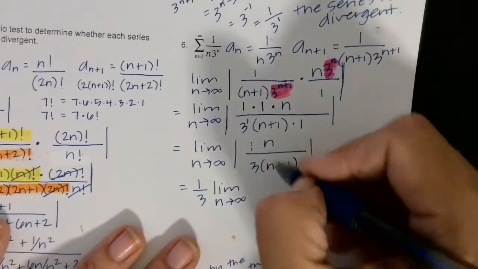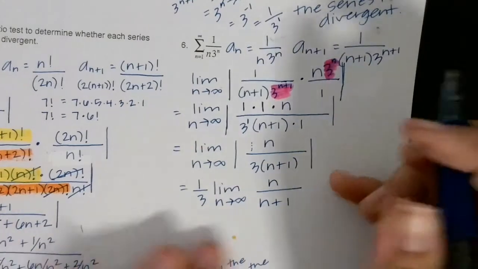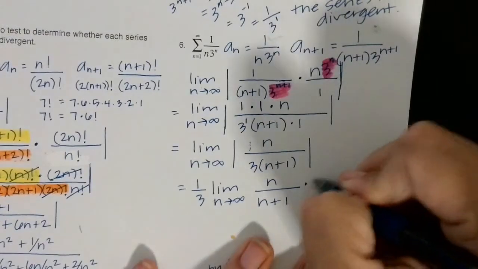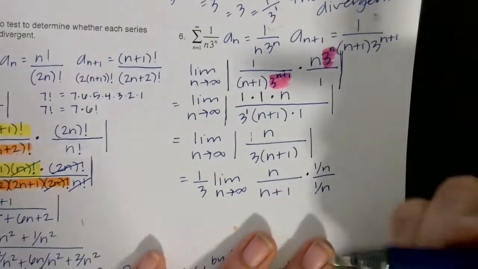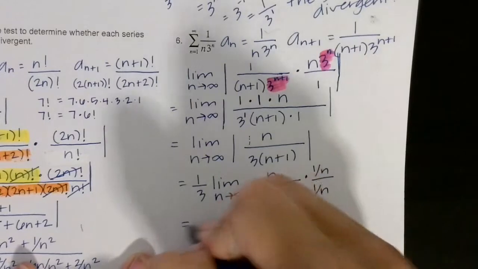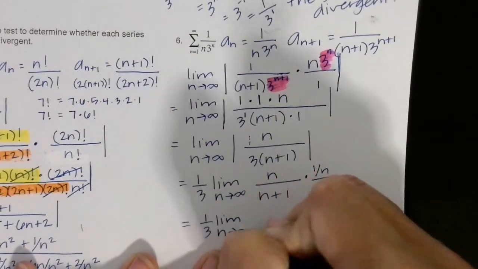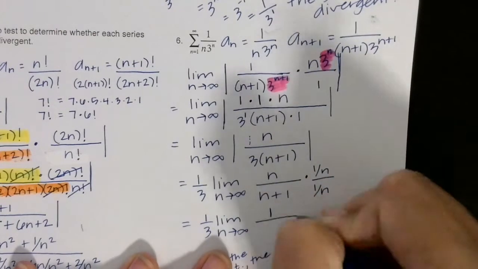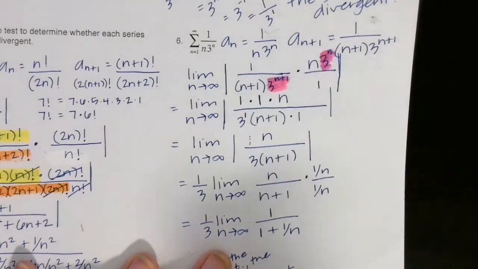And because I'm pulling it out and everything is positive, I can drop the absolute value. So then I'm going to multiply by 1 over n, because it just is easier for me. Otherwise, I would divide everything by n. And I get 1/3. Again, remember, you always have to have this step where you simplify your limit. Like you have the most simplified form of it, which is this guy right here.